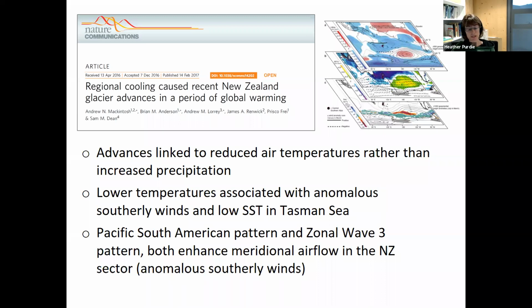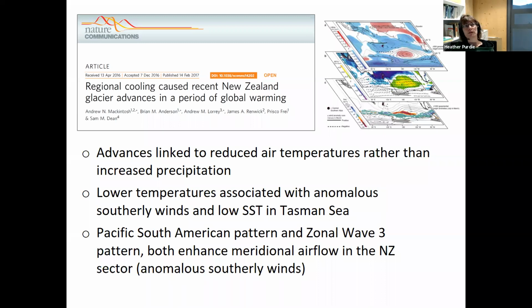Their research showed that it was the lower temperatures, tending to be associated with anomalous southerly winds and low sea surface temperatures in the Tasman Sea, and that was further linked to larger scale atmospheric circulation like the Pacific South American pattern and zonal wave 3.